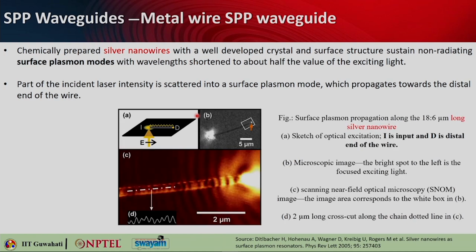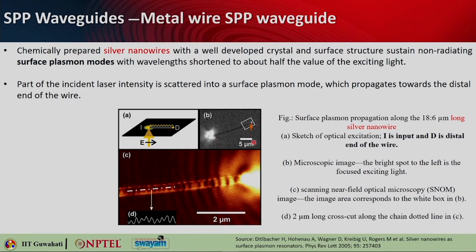Now, part of the incident laser is scattered into a surface plasmon mode, which propagates towards the distal end of the wire. You can see in this figure that I is the input and D is the distal end. So, you first shine the laser excitation on the input end, and then light gets converted into plasmon and propagates to the distal end.